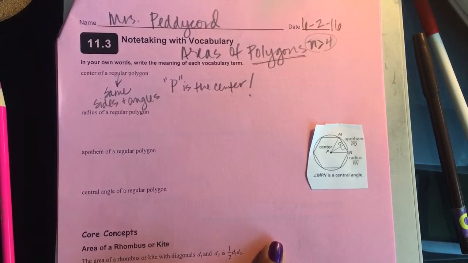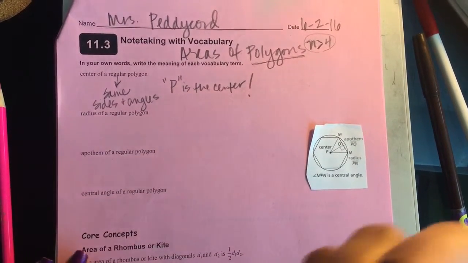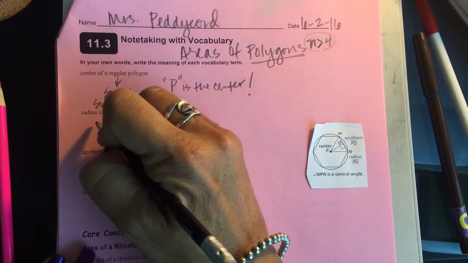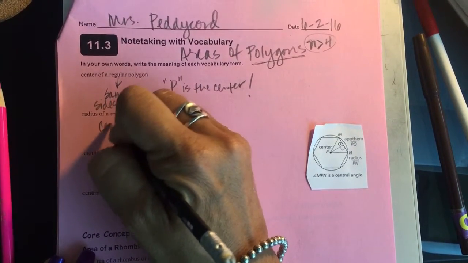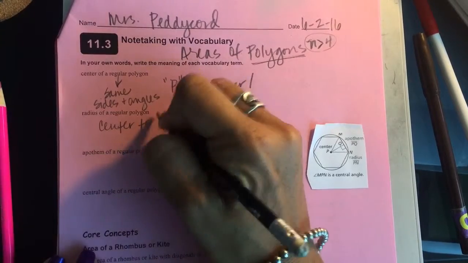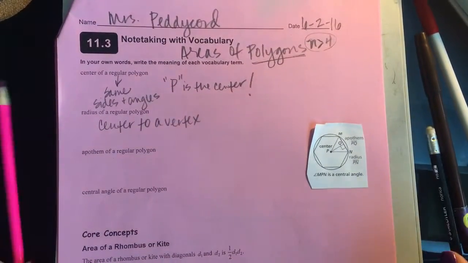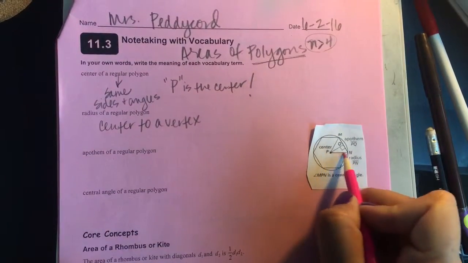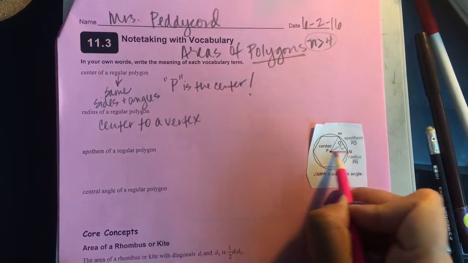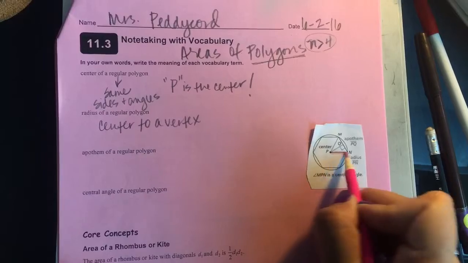Now, the radius of a polygon goes from the center to a vertex. I want you to pick up one of your colored pencils and highlight the P to N radius.